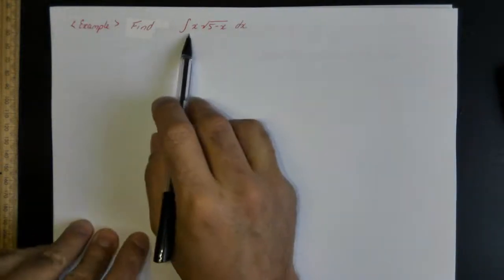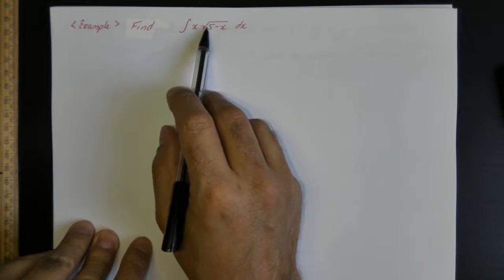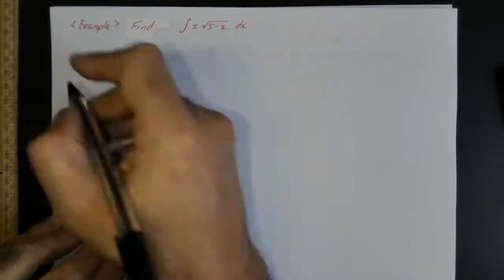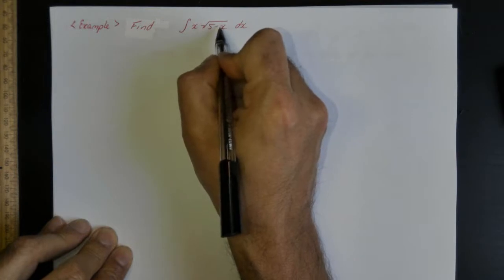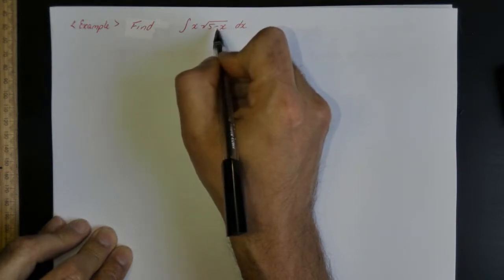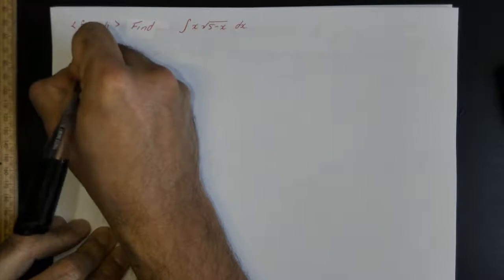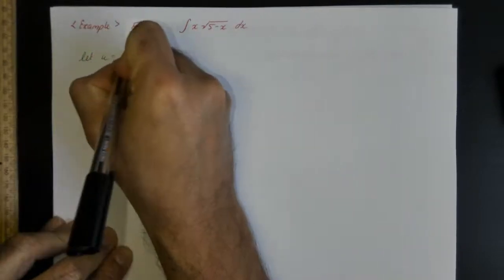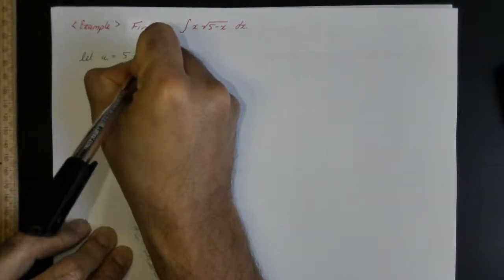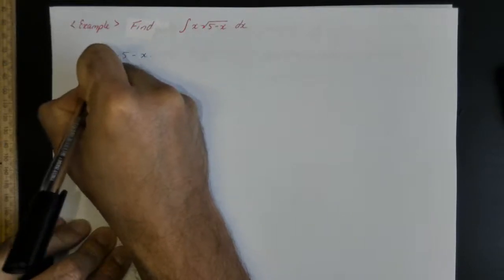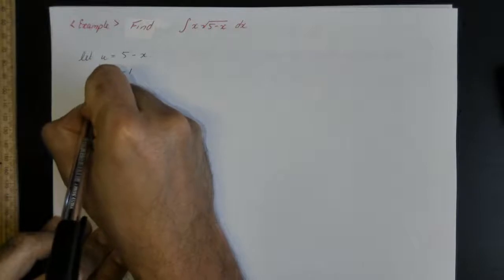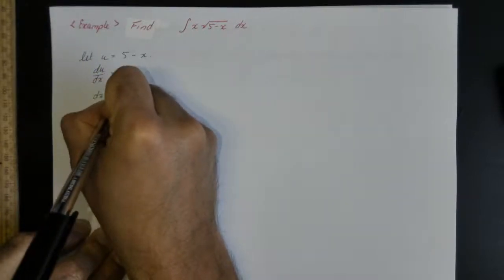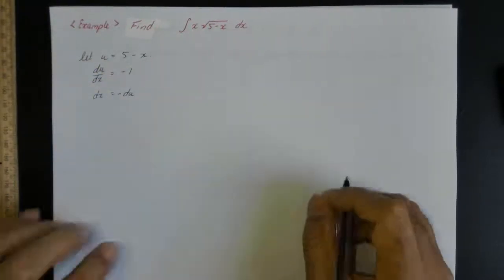Okay. If we want to find the integral of x root (5 minus x) dx, at this point I'm just going to let the 5 minus x equal u. Okay, so let u be 5 minus x, du over dx equals -1, so dx equals negative du.